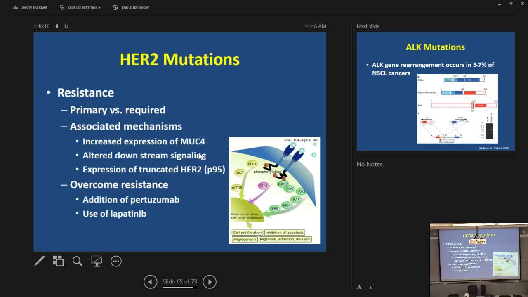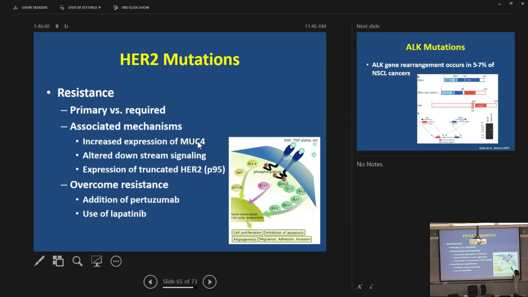So a lot of our mutations are acquired mutations in these targeted areas, because the more we expose the tumor to the drug, the more they develop a way to work around it. So some of these acquired mutations may be associated with the development of MUC4. This is a mucinous receptor that develops that can cause resistance.